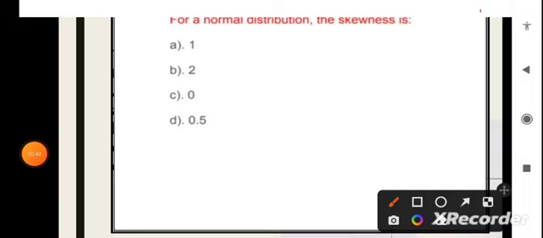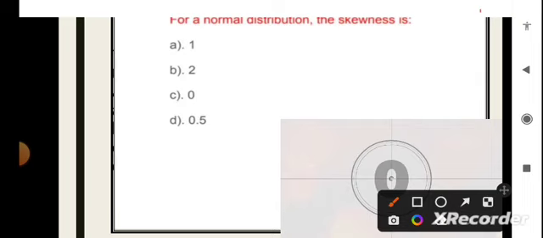Second question is, what is the value of skewness for a normal distribution? So here, our correct option will be option C, that is 0, because a normal distribution is always symmetrical.